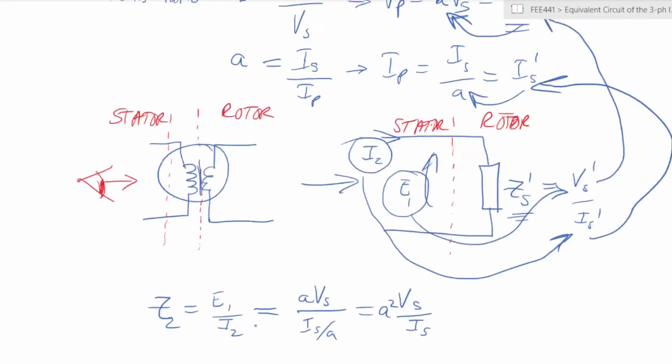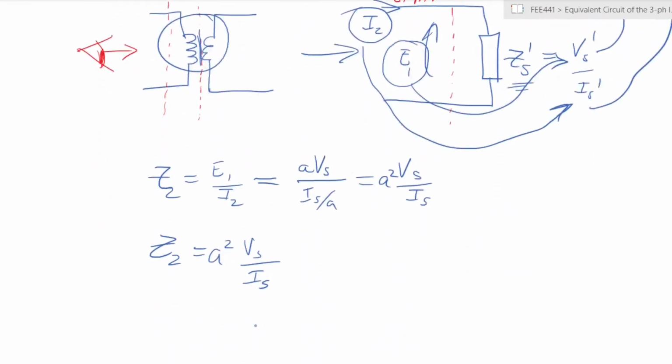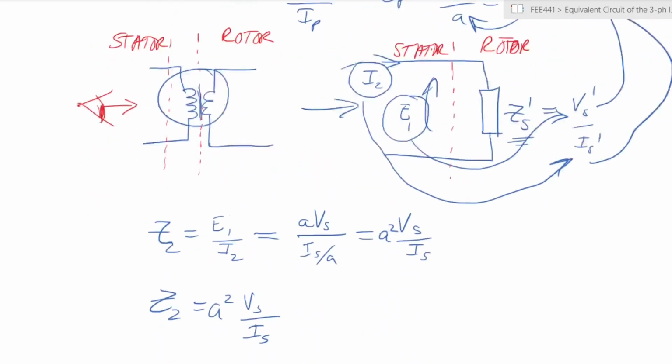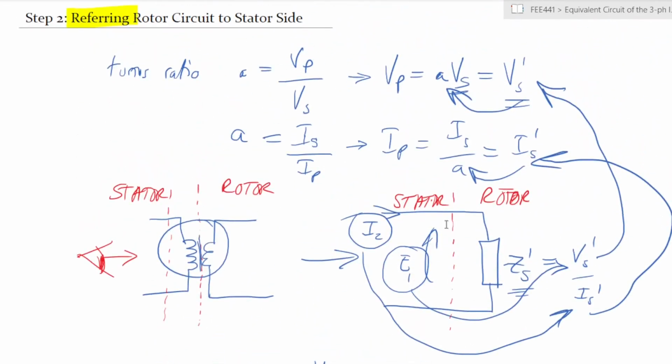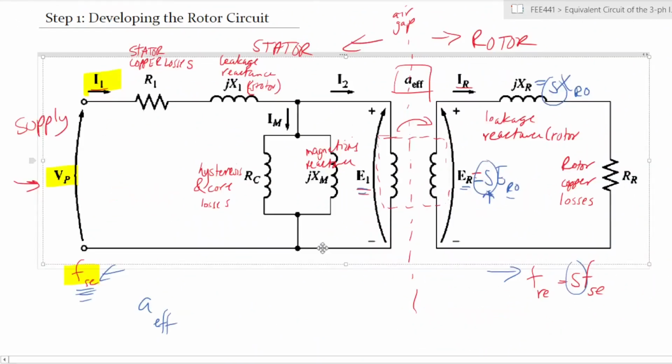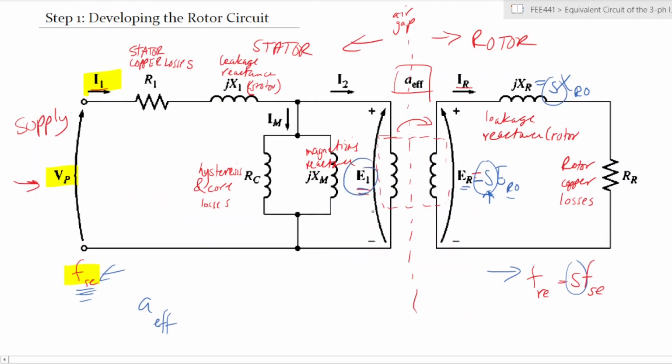Now, let's translate it once again to what we had already seen, right? Going back to our diagram, this one we had shown previously, okay? Now, E1 here, how is it related to ER, right? And I2, how is it related to IR?